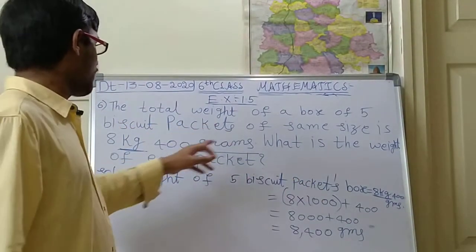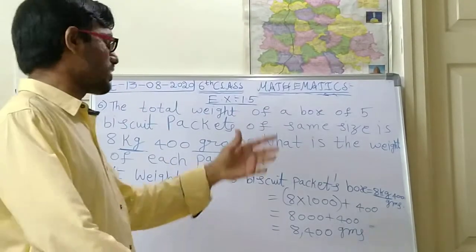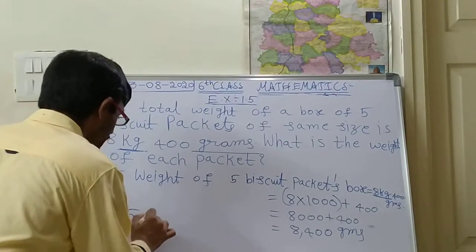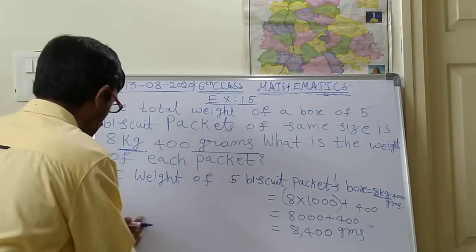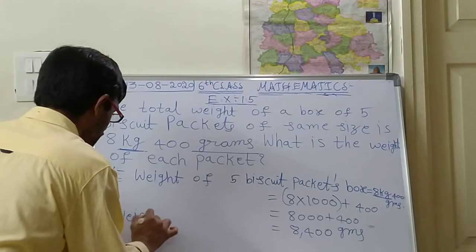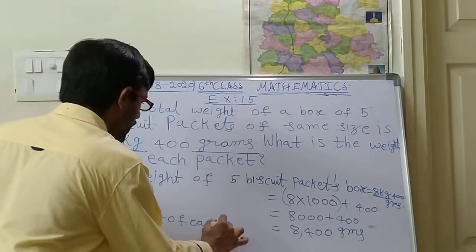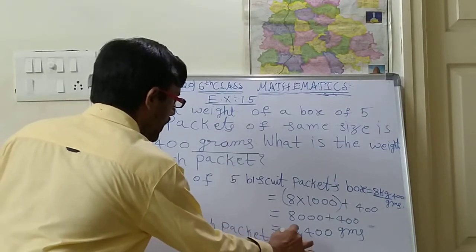So what is he asking? What is the weight of each packet? For one packet, what is the weight he is asking? So the second step: the weight of each packet equals x.